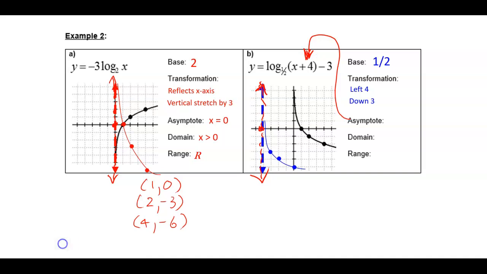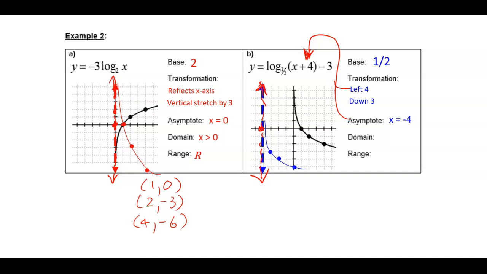So we always write X equals, and it is -4 because it moved to the left 4, okay? So again, that insider tells you 2 things, the horizontal shift and the asymptote, and it's also going to help us with the domain here in a second, okay?